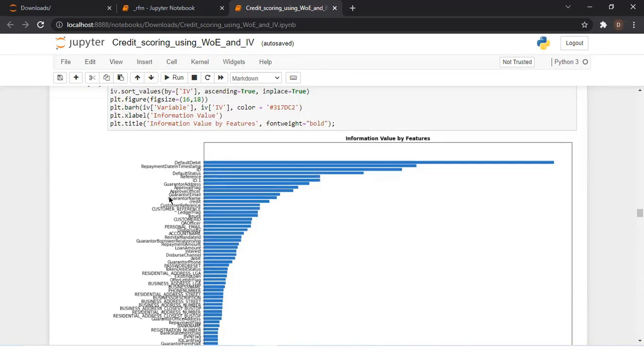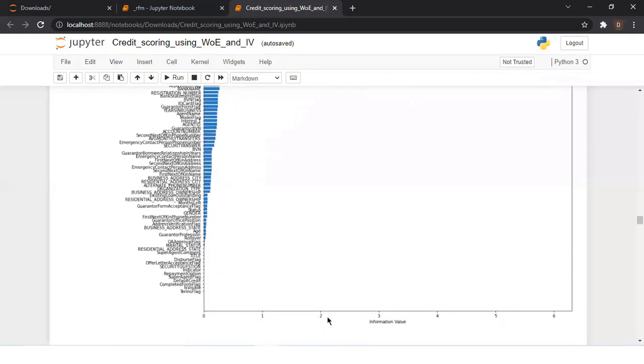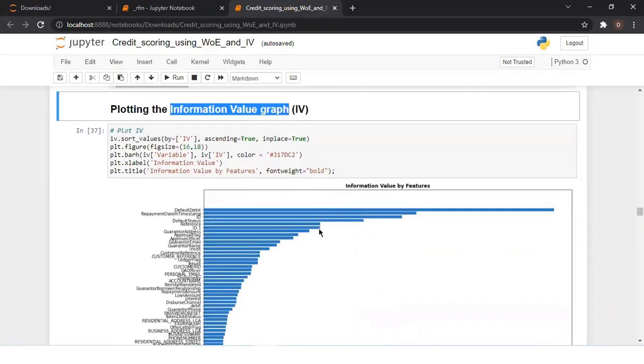But the idea here is to identify those 10 variables which are of value to me. If I take an information value of 2, I'll just draw a line here, and only these 6 variables, 1, 2, 3, 4, 5, 6, are important to me.